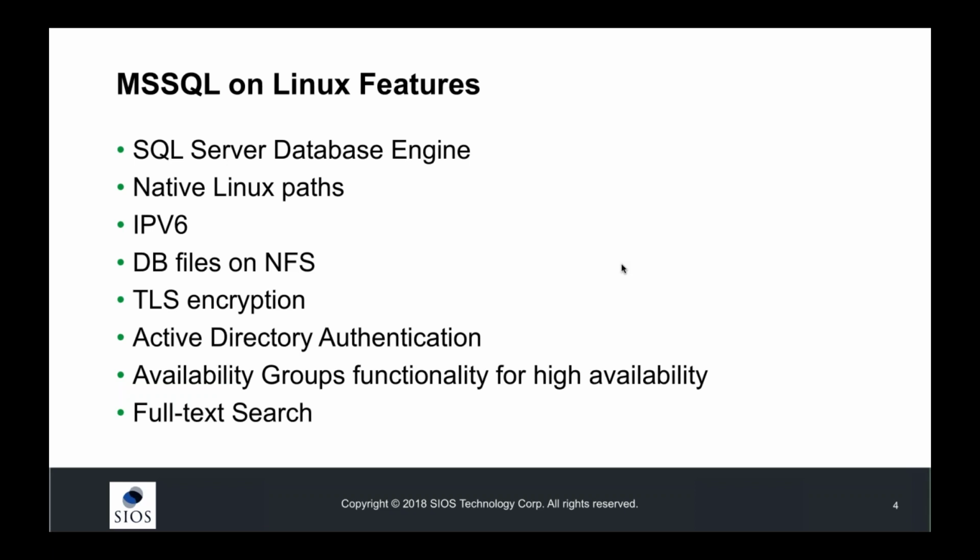IPv6, keeping in step with the current technologies that are out there. The database files can be on NFS shares, which is an option away from a SCSI mount. TLS encryption for security, Active Directory authentication and integration, and availability groups functionality for high availability. There are some caveats to mention there later on in the session.